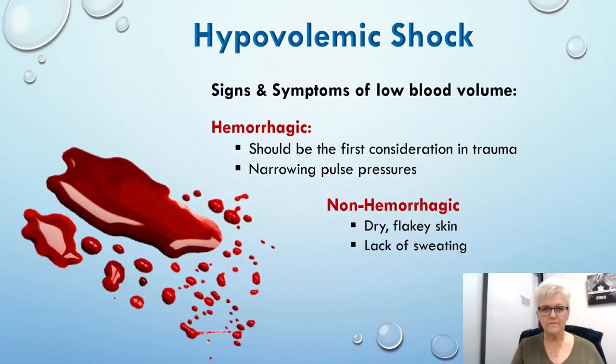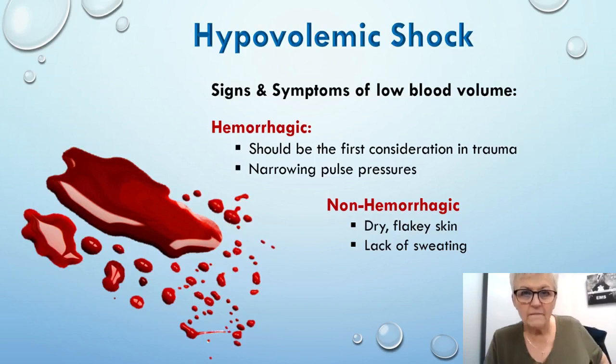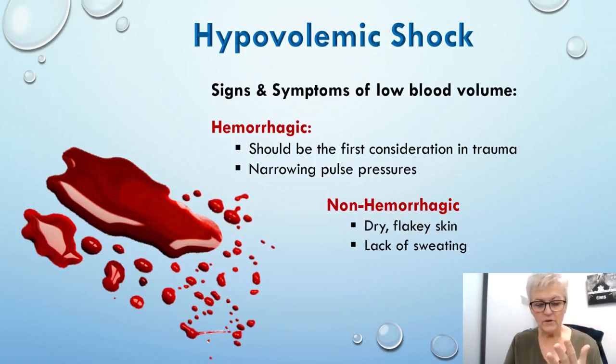Hypovolemic shock, remember that's low blood volume, can be dissected into two categories. Hemorrhagic, which is much, much more prevalent, is simply bleeding, hemorrhaging. This should be your number one consideration in every trauma patient that's showing signs of shock. So if you're seeing that pale clammy skin, high heart rate, high respiratory rate, look for signs of external bleeding.